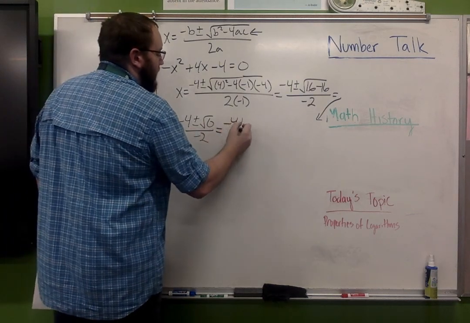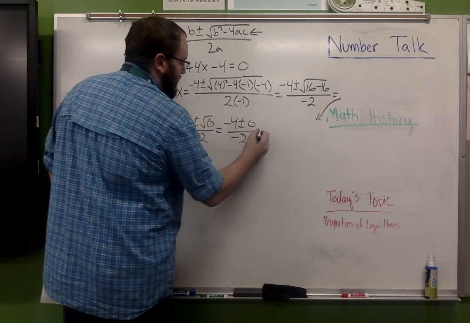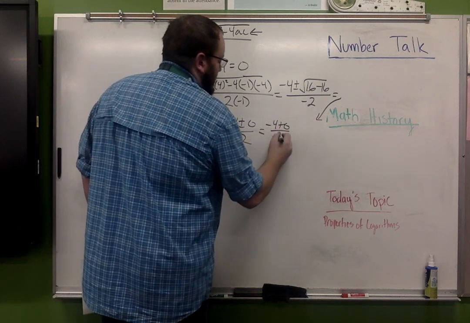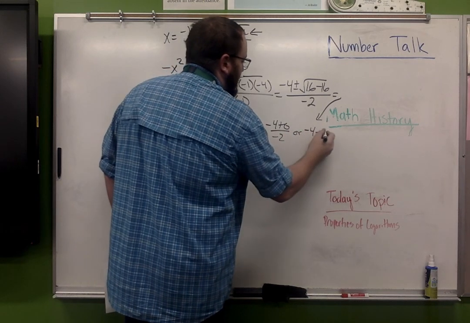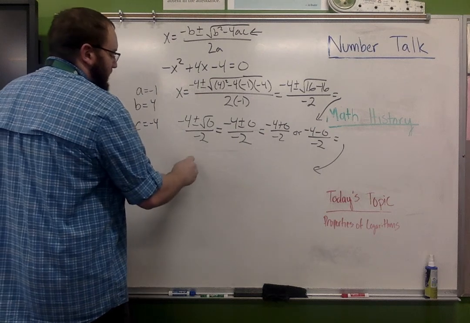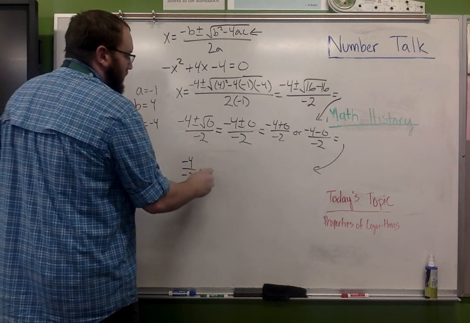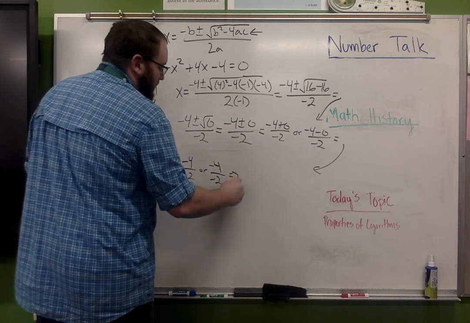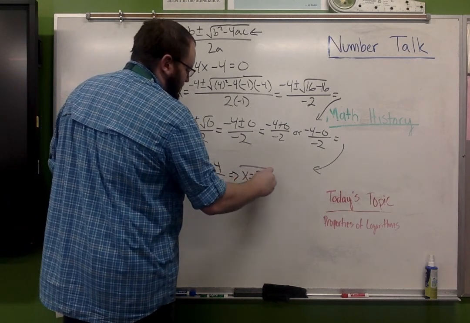The square root of 0 is 0. Negative 4 plus 0 over negative 2, or negative 4 minus 0 over negative 2. So then you get negative 4 over negative 2, or negative 4 over negative 2. So x equals positive 2.